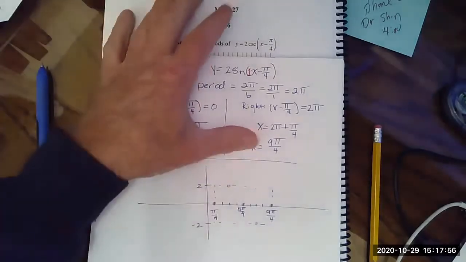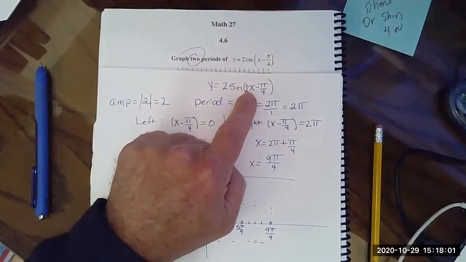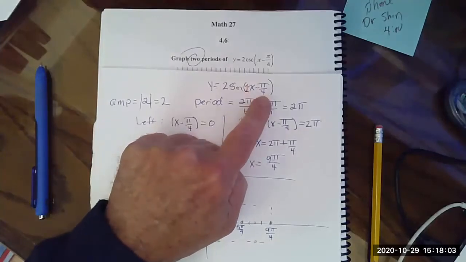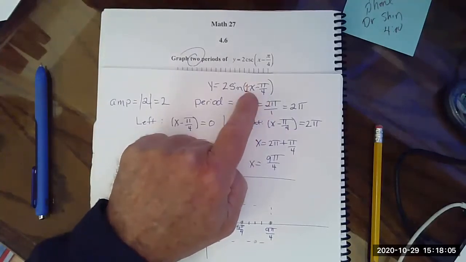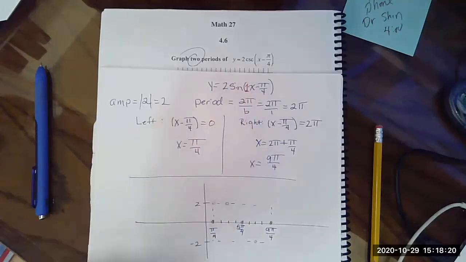Put 5 pi over 4 back up to here and figure out what that yields. 5 pi minus 1 pi is 4 pi. 4 pi over 4 is pi, the 4's cancel. So what's the sine of pi from the wheel? Sine of pi is going to be 0 again, and 2 times 0 is 0.